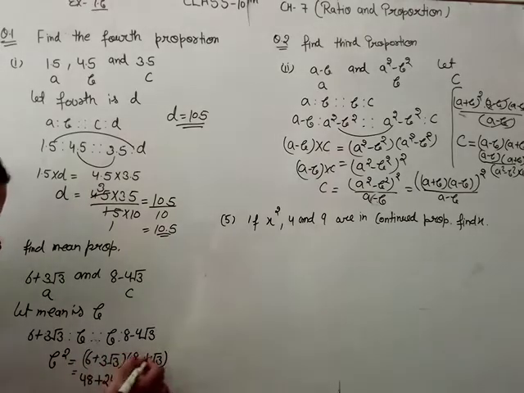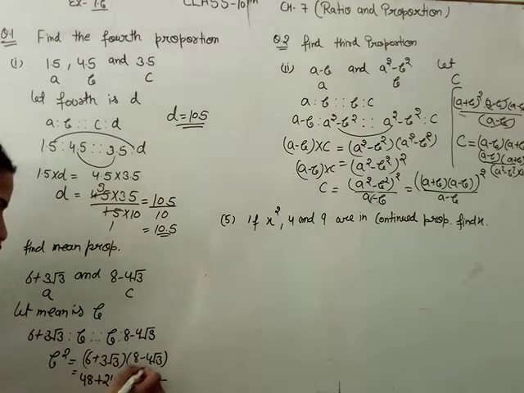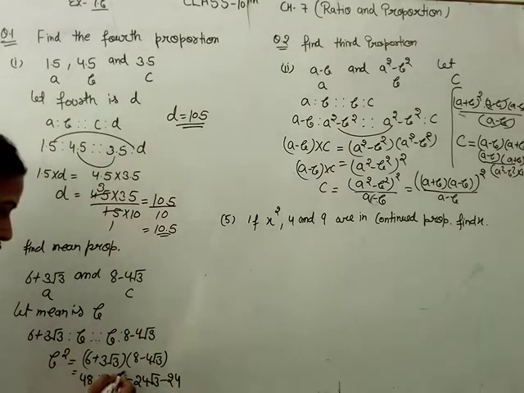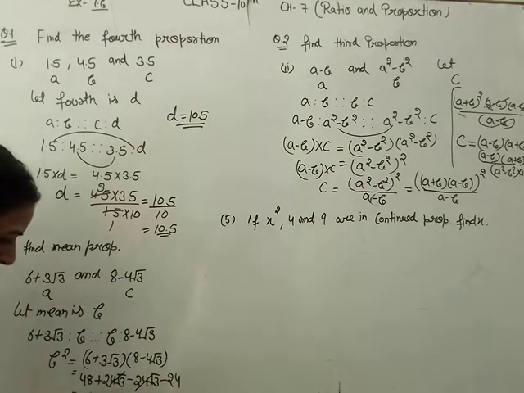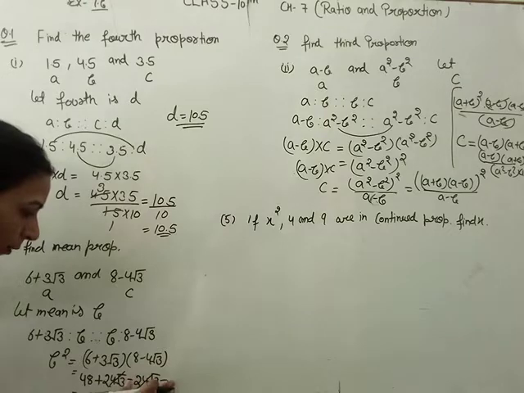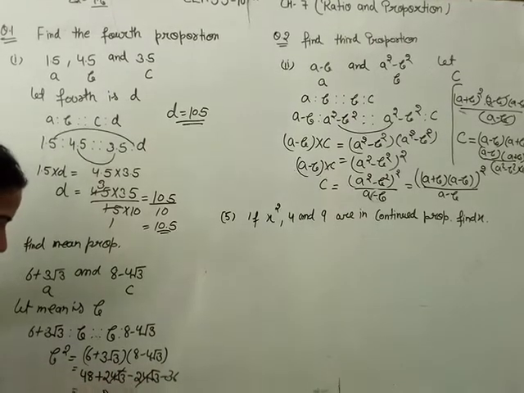Next, this and this: 6 4s are 24 root 3 minus, plus minus 4 3s are 12 and root 3 root 3. Oh sorry student, 4 3s are 12, the root 3 root 3 is 3, then 12 3s are 36. Okay, 36. Then 48, 24 root 3 cancel, 48 minus 36 is 12.